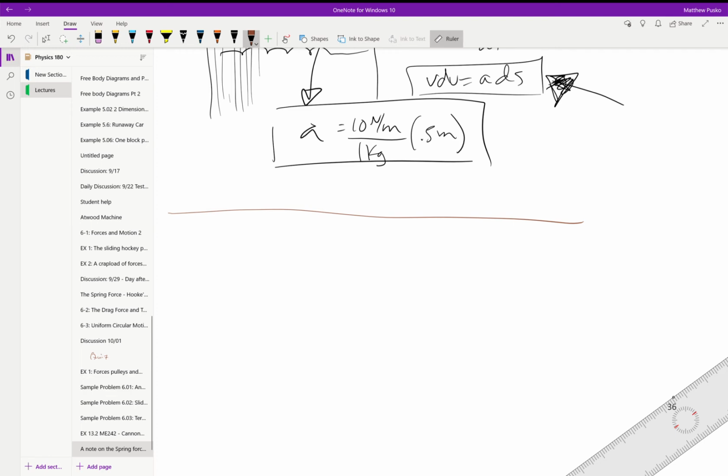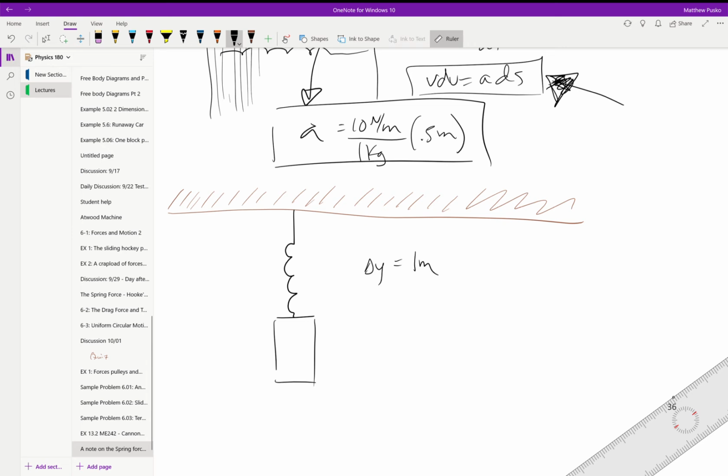But imagine, let's just do something real quick. What if they said we have a mass hanging from a ceiling from a spring, and they say it is hanging some delta y equal to, let's say, 2 meters. I'm going to use some easy numbers.